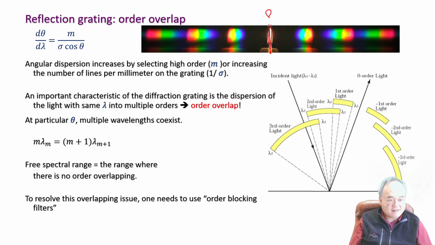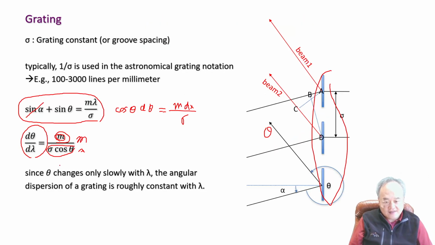This is the reflected light in the reflective grating. Then this is minus 1, this is plus 1 order, and you can see that going into the higher order, the light is dispersed more, across a larger angle. That is the behavior of angular dispersion proportional to the order number.